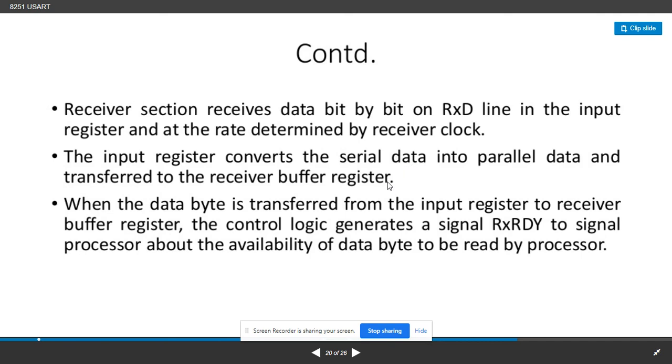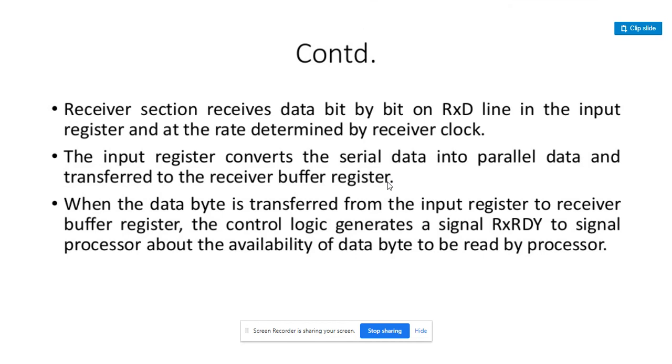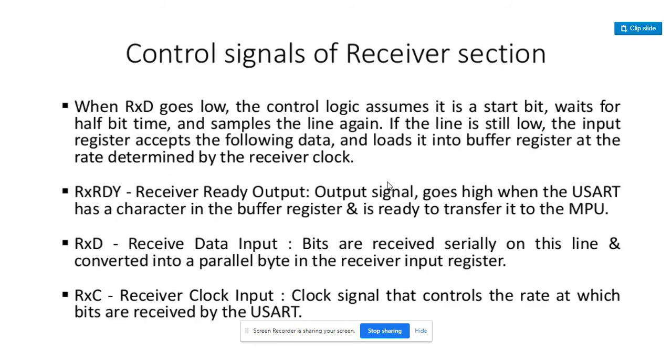When the data byte is transferred from the input register to the receive buffer register, the control logic generates a receive ready signal to the processor about the availability of the data byte for reading by the processor. Here are some control signals for the receiver section.